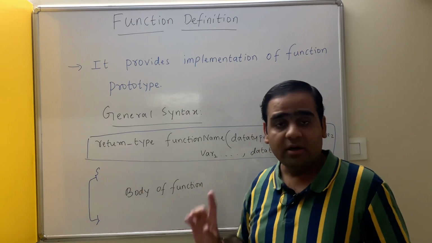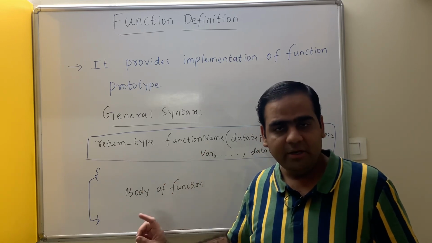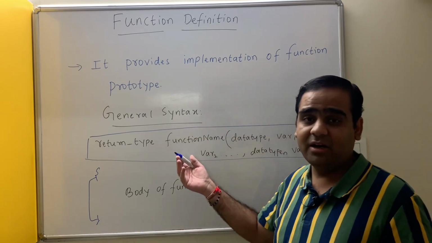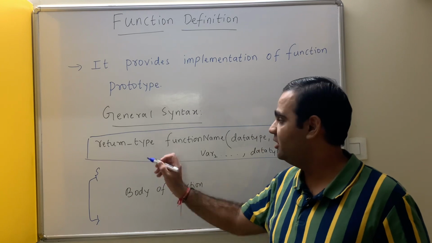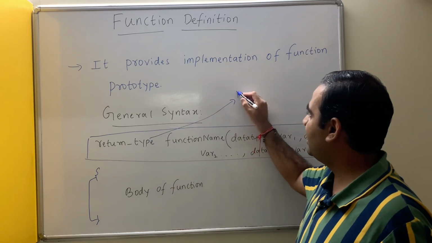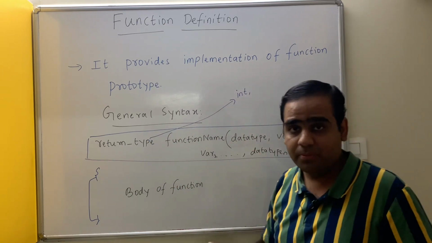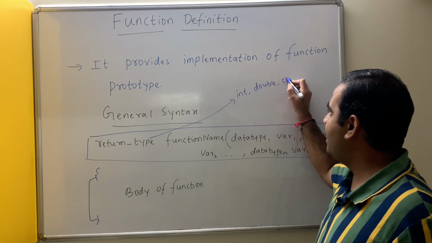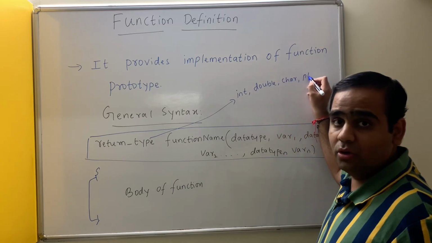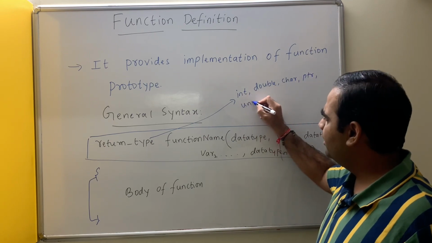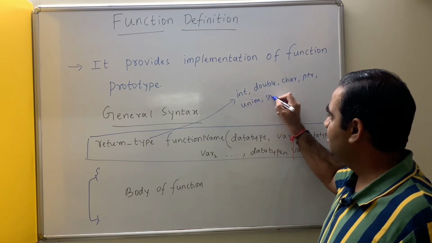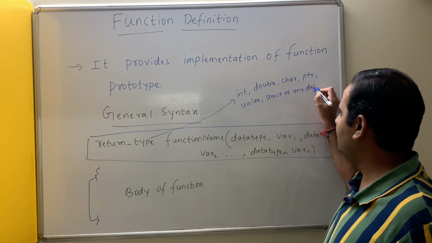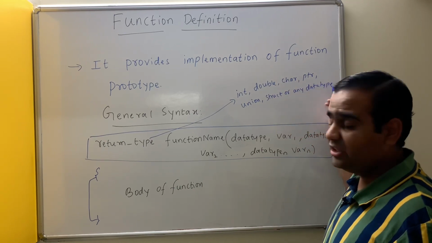Now what can be the return type? Return type can be int, double, float, char, or any other data type. It can be pointer, structure, union, or any other data type as we have discussed in the function prototype. What is a function name?